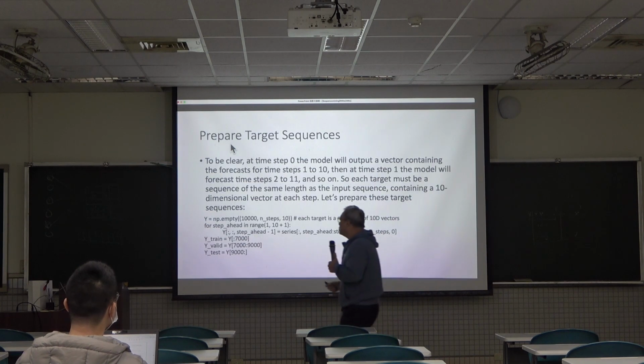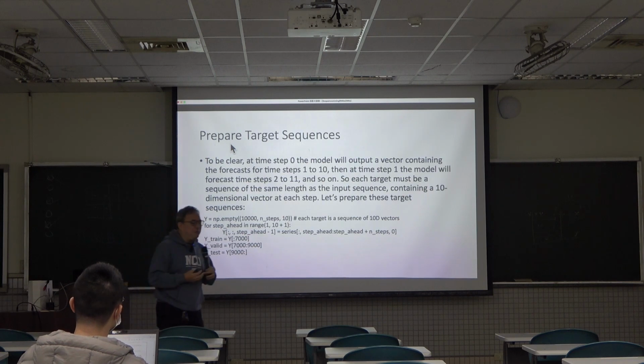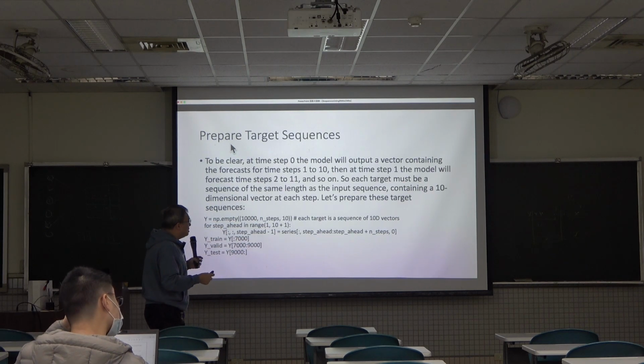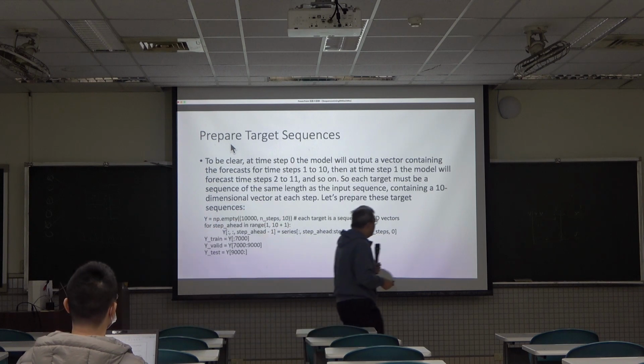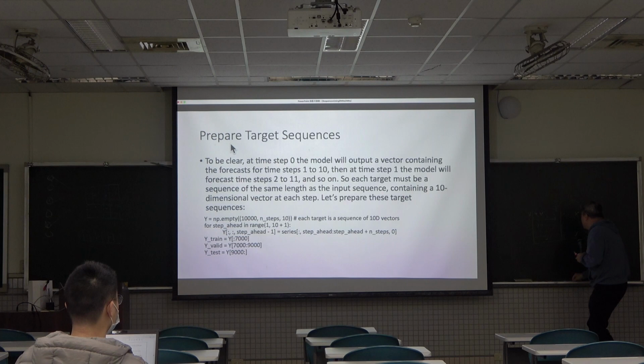So what do we do? The first thing we need to do, obviously, is to prepare our data so that we take the first 10 and then predict the next 10 and so on. But actually, what we do is not exactly like this. We are going to create what we call a causal model. So it's not like you use the first 10 to predict the next 10.